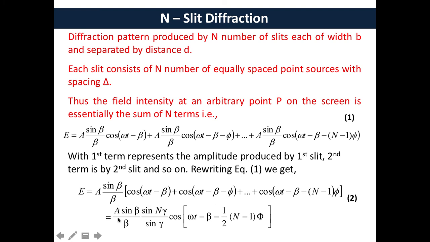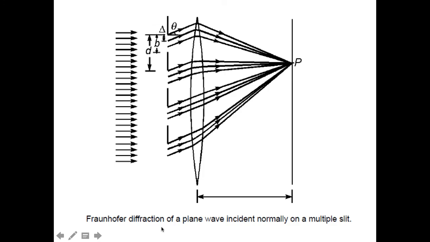So in the solution, a sine beta upon beta, and this term will be added for the n slit diffraction pattern: sine n gamma upon gamma cos omega t minus beta minus 1/2 n minus 1 phi. Okay, so again from this term you can write the intensity I is equal to I0 a sine square beta upon beta square, sine square n gamma upon sine square gamma, like this.